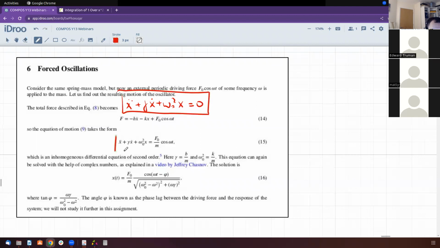Now it's this. So the difference is that here we have a 0 on the right, so that's a homogeneous equation, and this is a non-homogeneous equation.